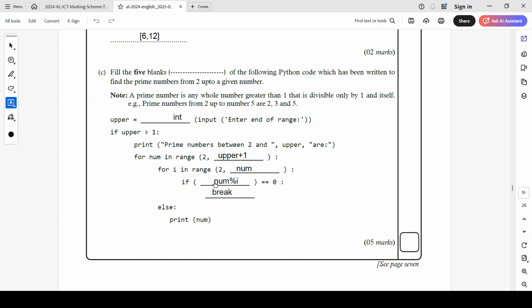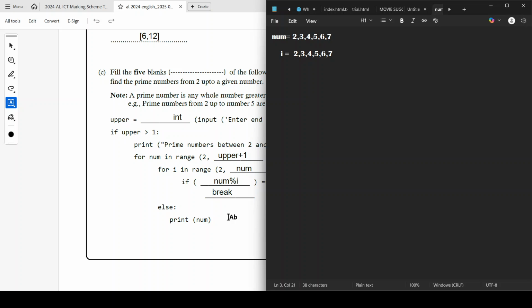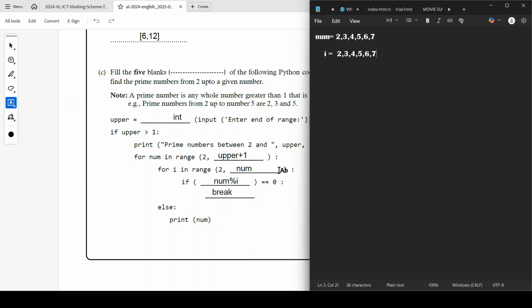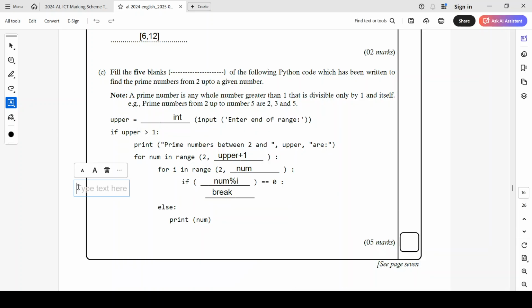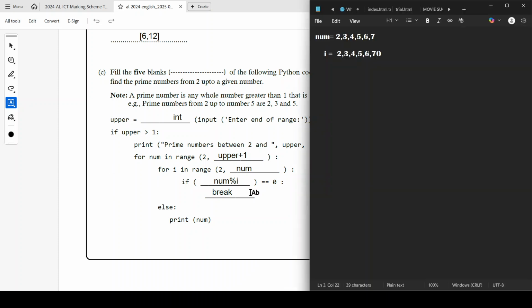First, we want to identify how it works. Focus here. So num is equal to 2, 3, 4, 5, 6, 7, up to 7 only.